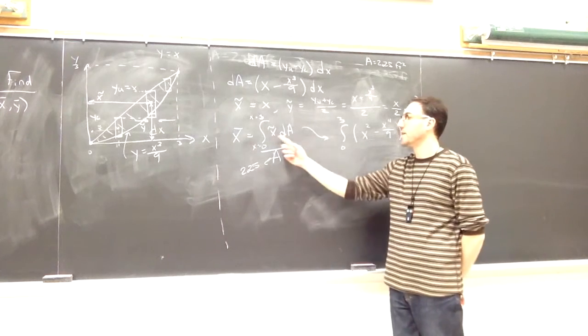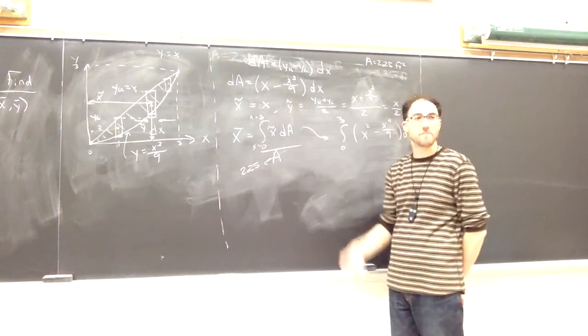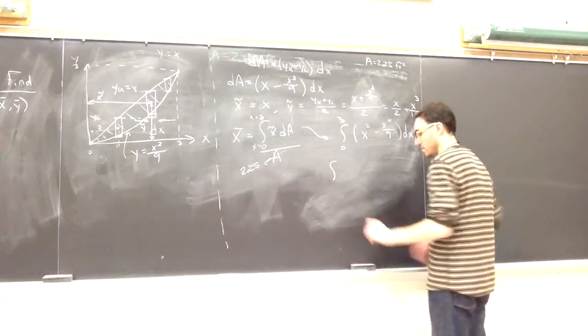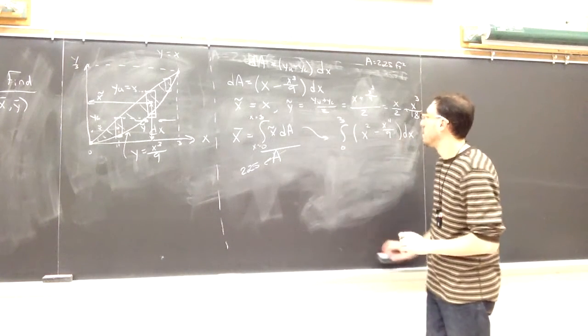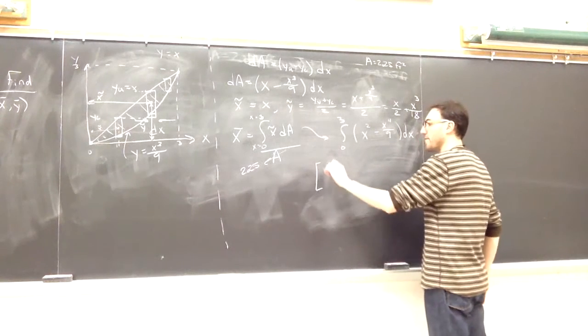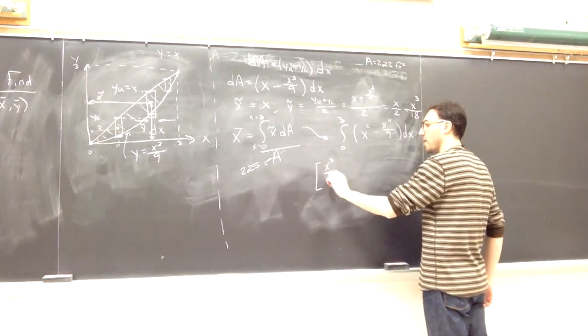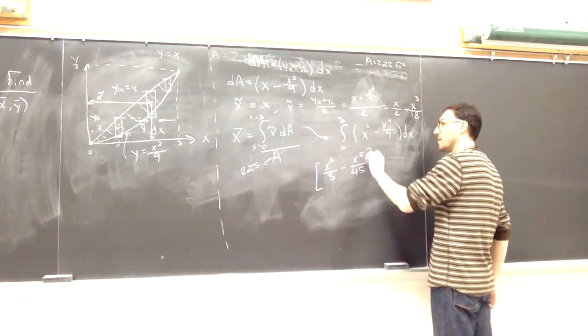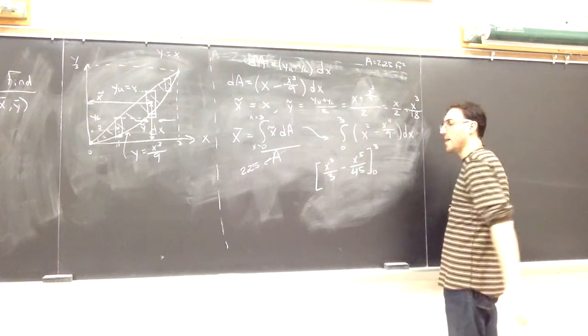So again, the product of these two terms. So that and that. If I take the antiderivative of this expression, I have x cubed over 3 minus x to the 5th over 45, evaluated from 0 to 3.